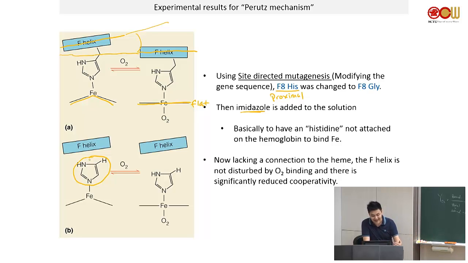Now, lacking a connection to the heme, the F helix is not disturbed by O2, and there's a significant reduction in cooperativity. So what you see is that the rotation of the F helix is due to the conformational change of the heme. Heme initially unhappy, now happy.